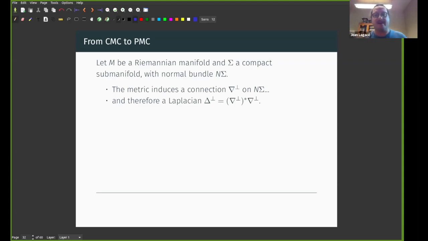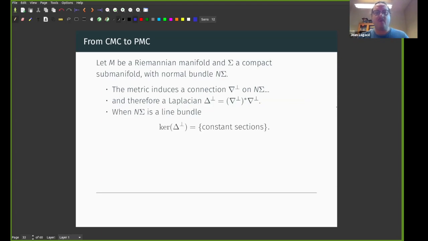Okay, so finally we get back to objects that we're all used to. So a Laplacian, delta perpendicular, that is given by more or less the divergence of this intrinsic gradient. So you really want to interpret this as div.